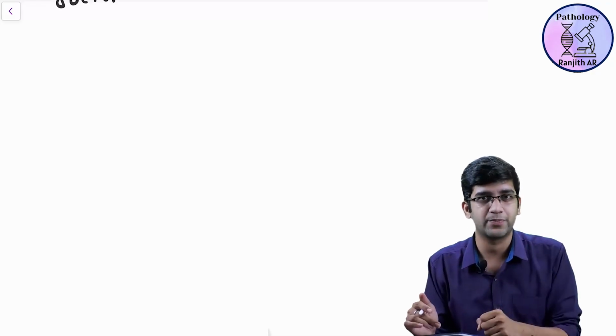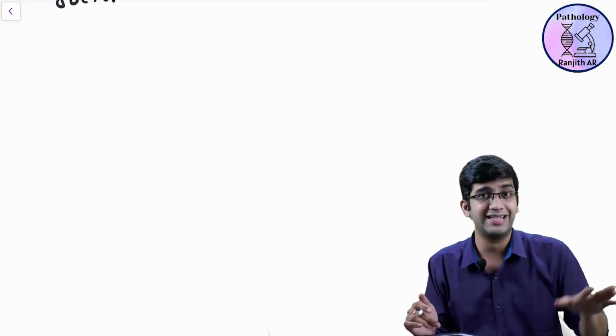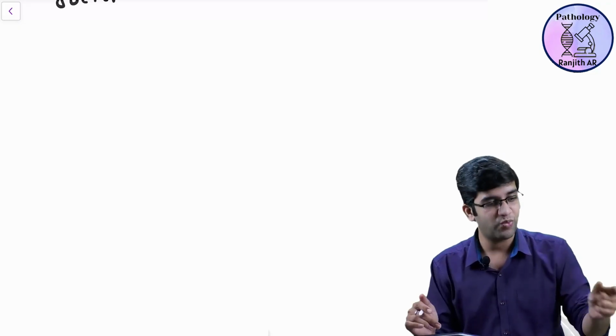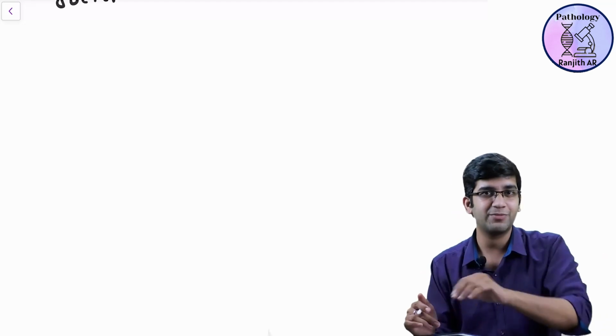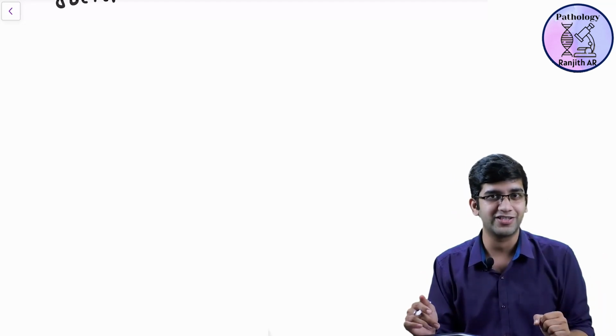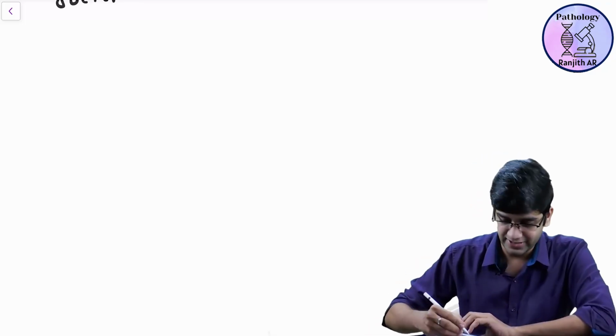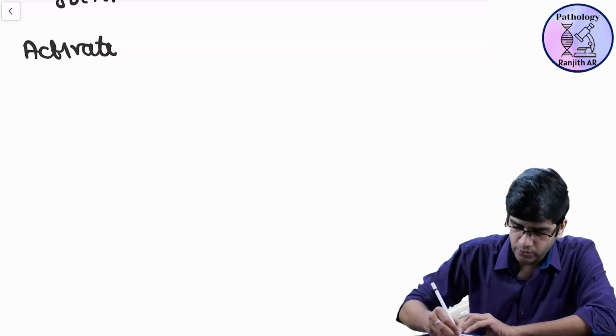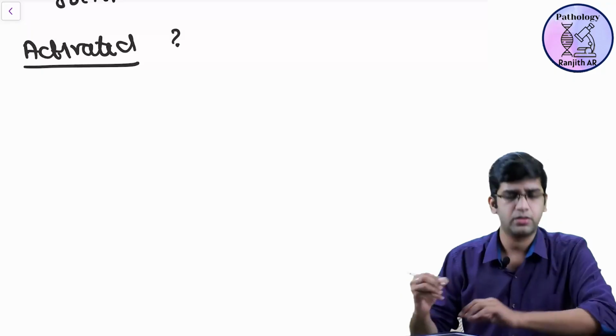Who causes the activation? And what are the types of activation? That's what we are going to see next. As usual, we're getting the raw materials ready. Once they are ready, we'll put in all our requirements and build a beautiful building of pathology. So what does an activated macrophage mean, who activates it, and what is its function?